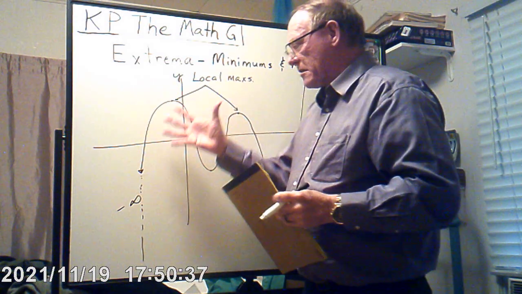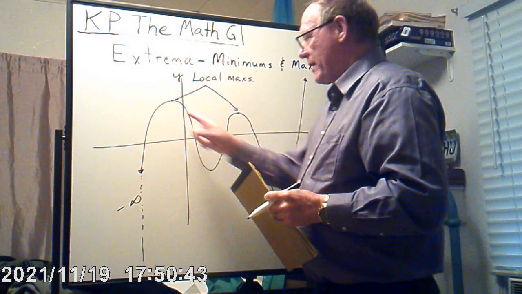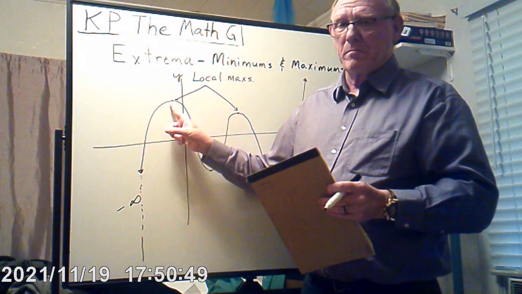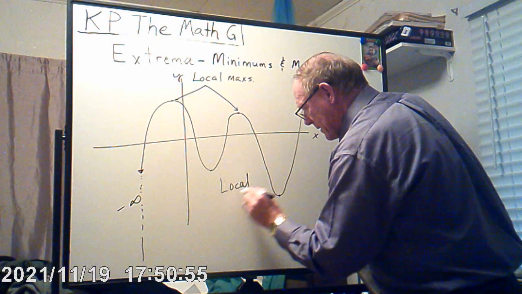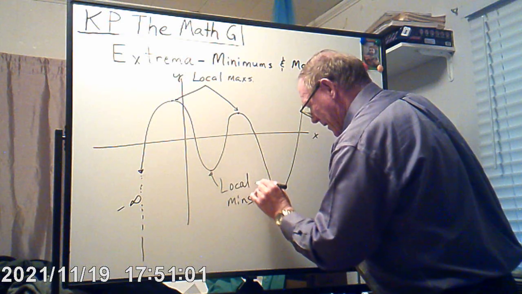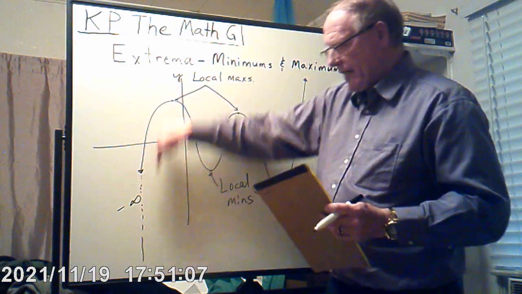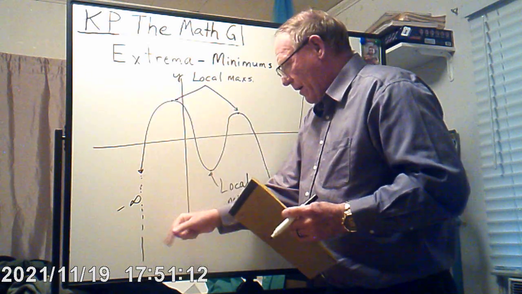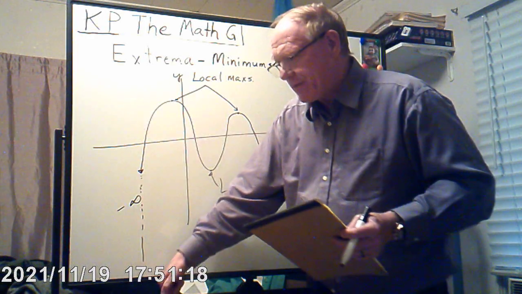They're local because they're not what you call an absolute max. This is higher than this one, but this is not the absolute highest max. Just like these two, local mins. These are not absolutely the lowest points on the graph, because this side right here goes down to negative infinity forever, and of course this is much lower because there's no end to it going this way.